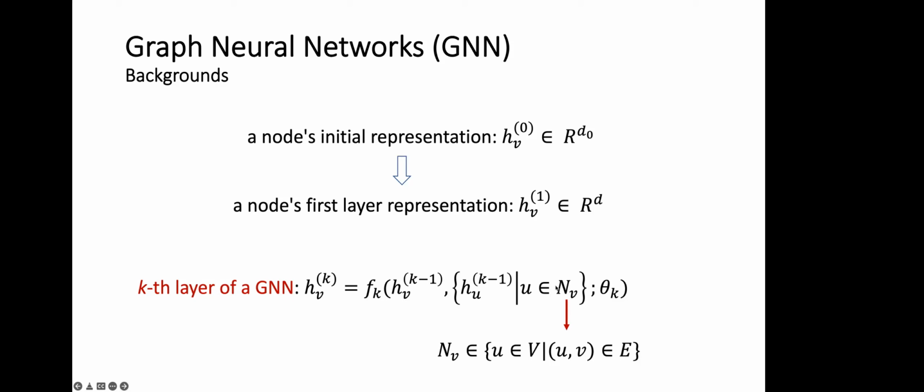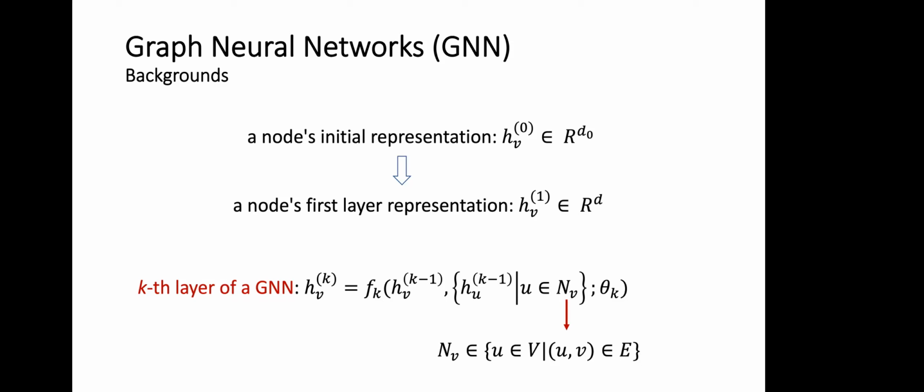Here, N_V is the set of nodes that have edges to V, which means it is the neighborhood of V. And theta_k is the parameters in this parametric function.